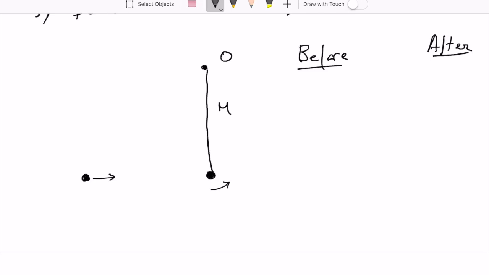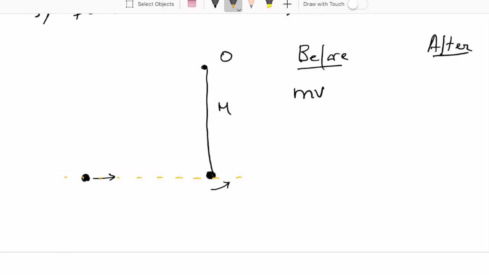So this is a point mass moving in a straight line. So its angular momentum can be found from r perpendicular multiplied by p. p is the momentum of this point mass, which is going to be mv, and r perpendicular would be this distance.